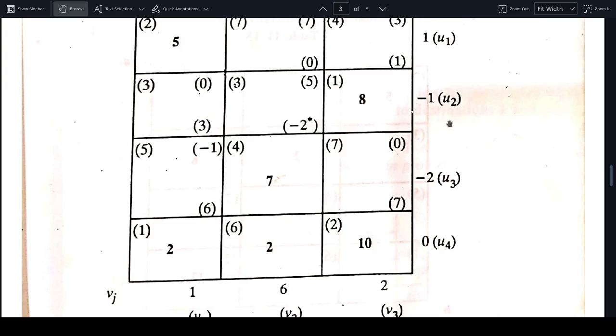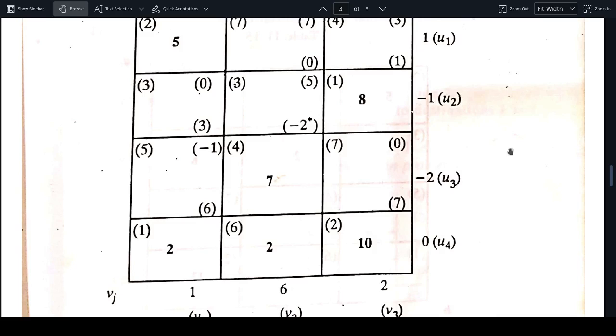Yes. Always this forms a loop. For removing the negative dij value, we always form a loop. Otherwise we cannot solve this.